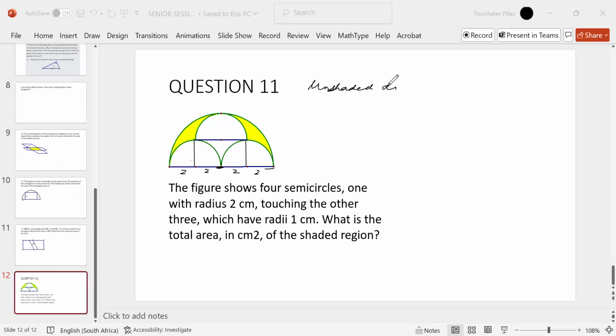Why? Because you've now divided it up into 4 pieces, one of which is a rectangle, and this is half a circle. I'm sorry, this is a quarter of a circle. This is a quarter of a circle, and that is half a circle. So these 3 parts here, 2 quarters and a half, give you the whole circle.